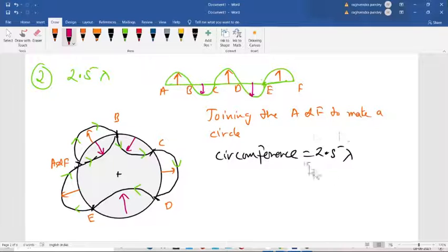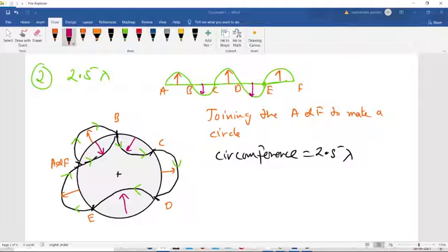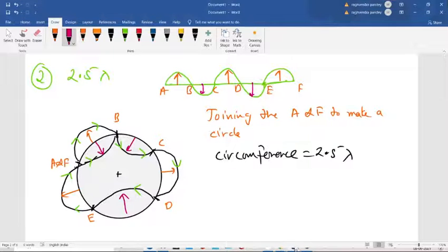If I am taking a 2.5 lambda wave, it is giving a destructive interference. I told you that in destructive interference, the crest and the trough lie over each other. That is the problem. So this wave of 2.5 lambda on a circle doesn't exist.